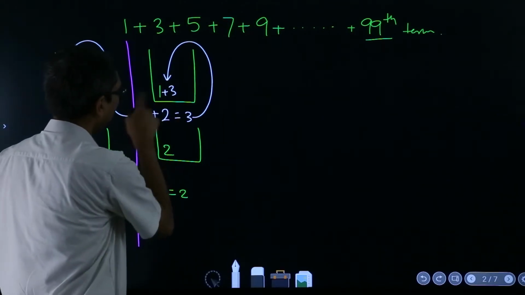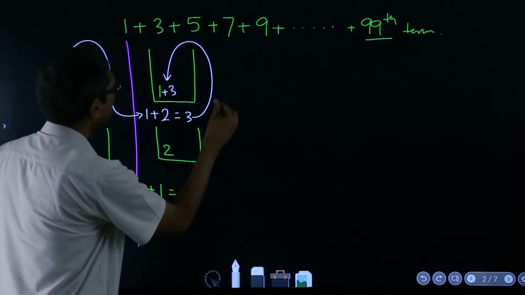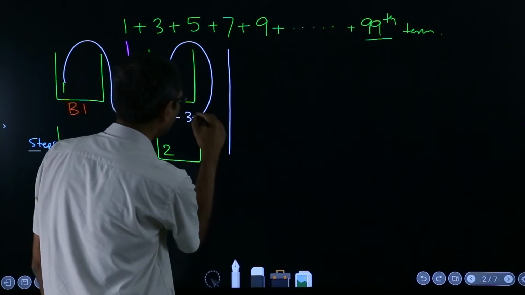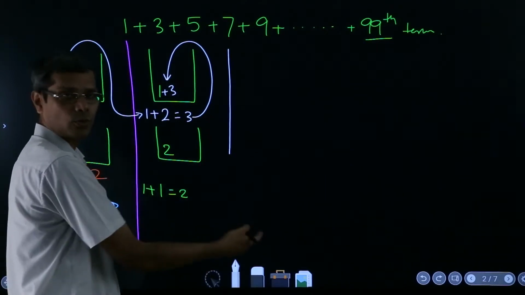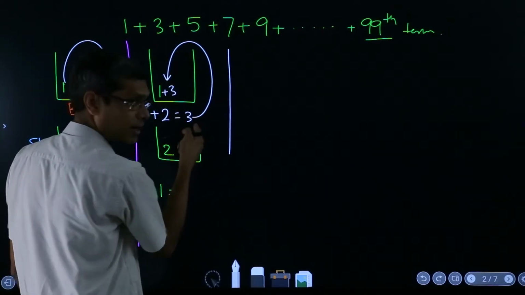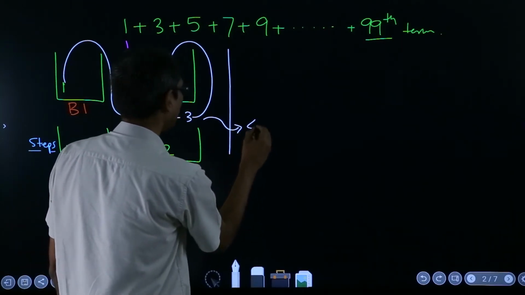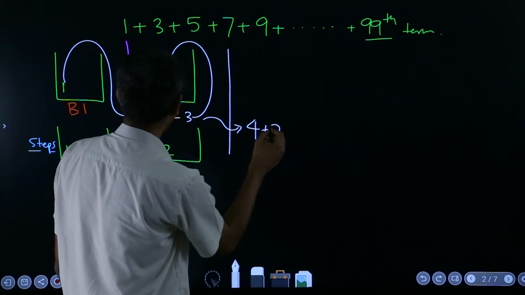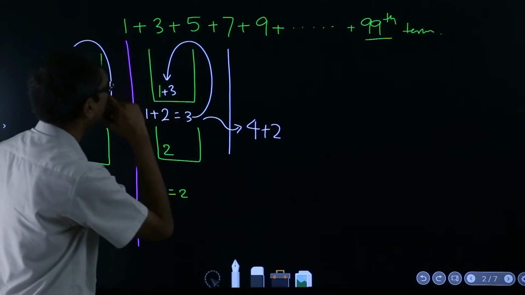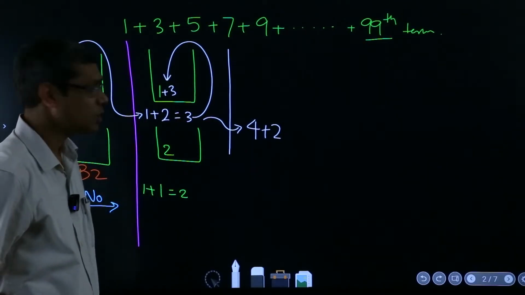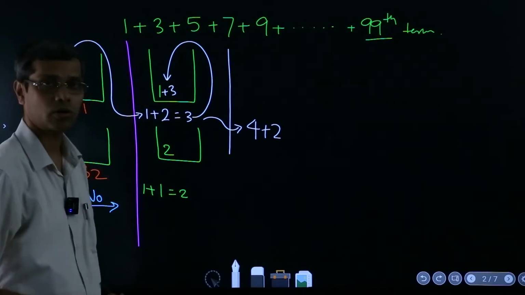Let's see. Now it will become 4, but once I go to the next step, and it's not the end of my calculation, I'll have to do 4 plus 2 and I will add 6, but I have to add 5. So this is not working.